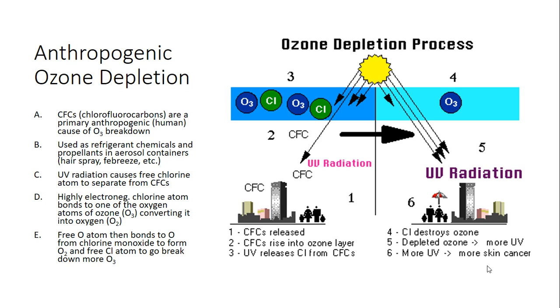And so that's where we wind up with ozone depletion. It's also a misconception when we talk about the ozone hole. Remember, there isn't actually a hole in the ozone layer, there is simply a thinning or lower concentration of ozone.